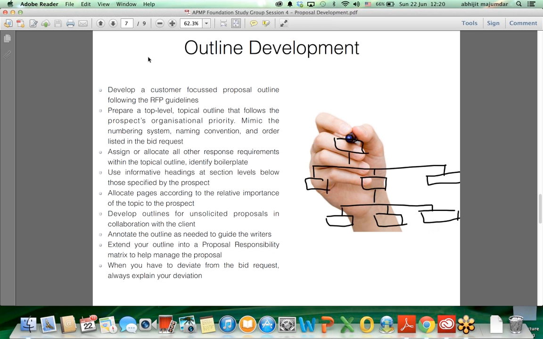As I said, if the proposal outline provided in the RFP document has a section heading, use that section heading. You should not use anything else other than that. But below that section heading, you can use a more informative title, which describes in a short summary what follows the title.